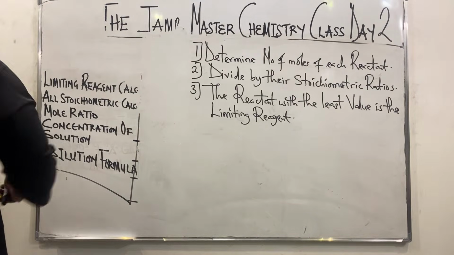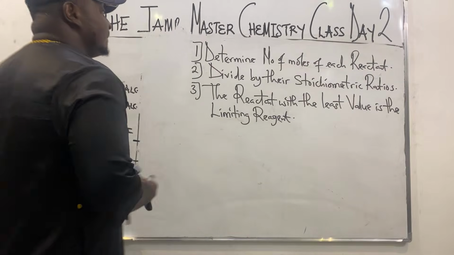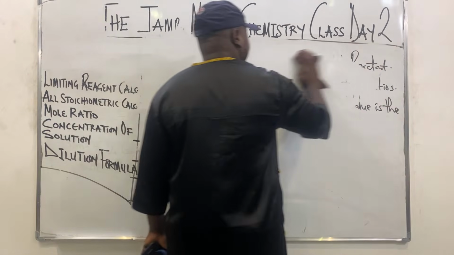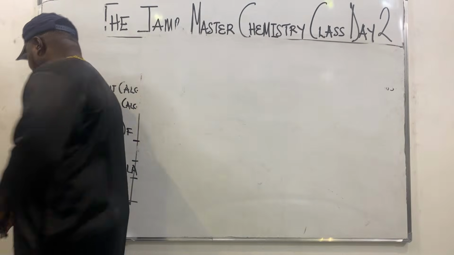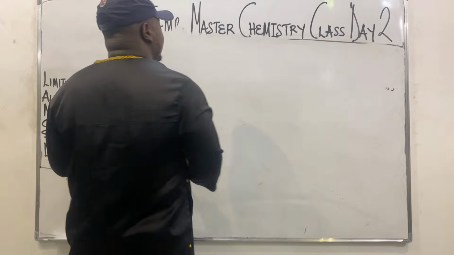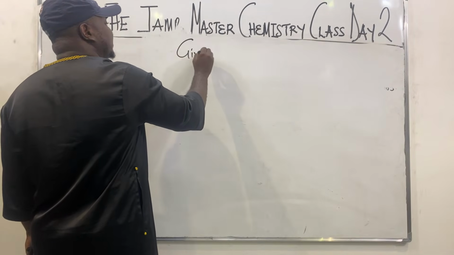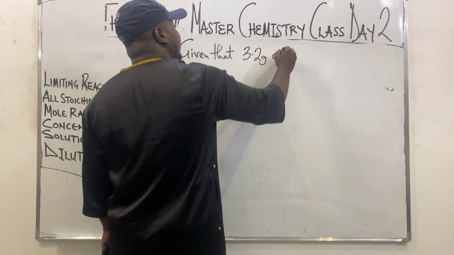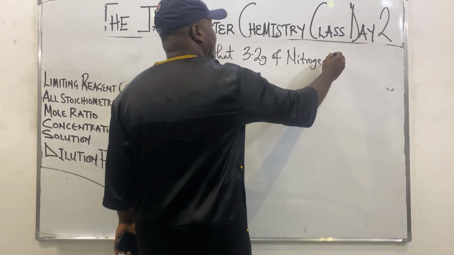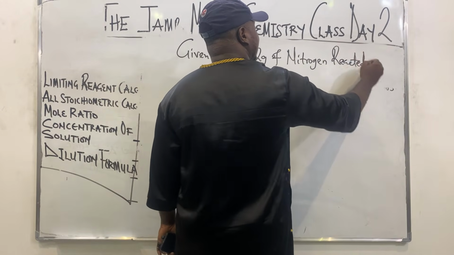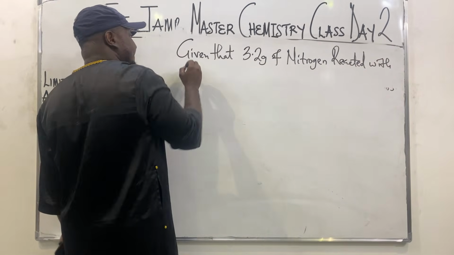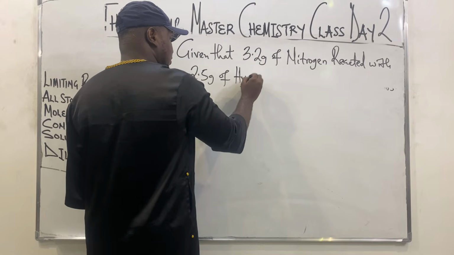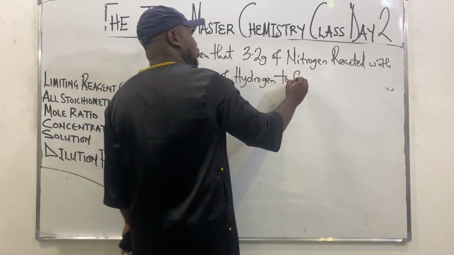Now let's take a question. Given that 3.2 gram of nitrogen reacted with 2.5 gram of hydrogen to form ammonia.